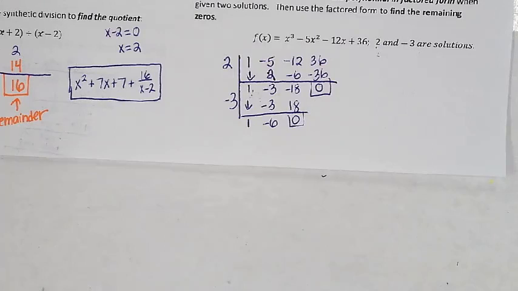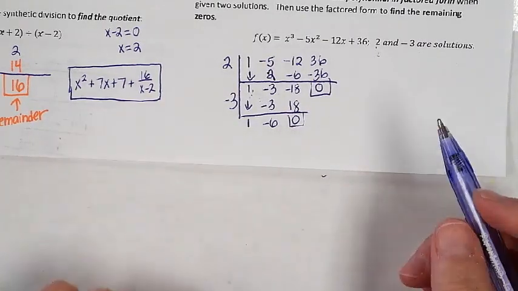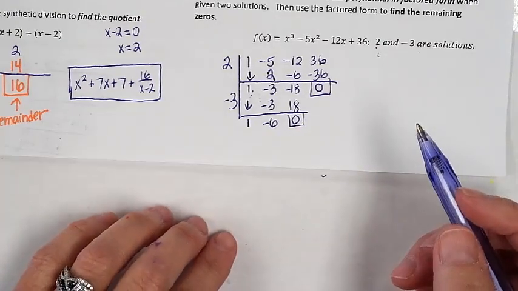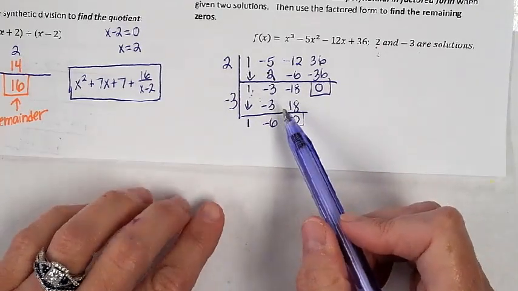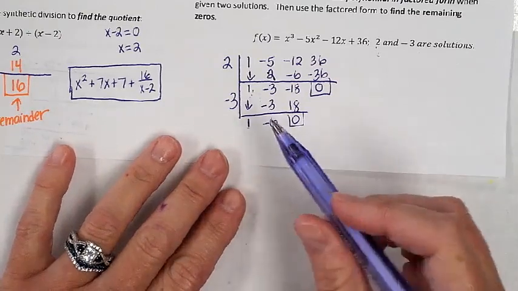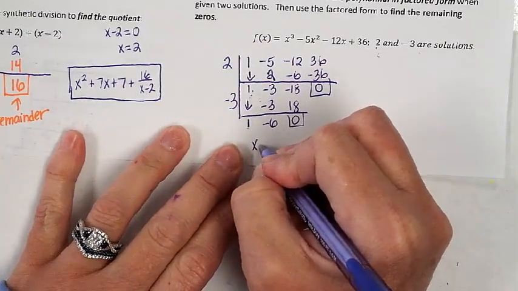We should have gotten a 1 and a negative 6. So this 1 would be the coefficient of x, so this is x minus 6. I can't synthetically divide anymore, because that's just x minus 6.